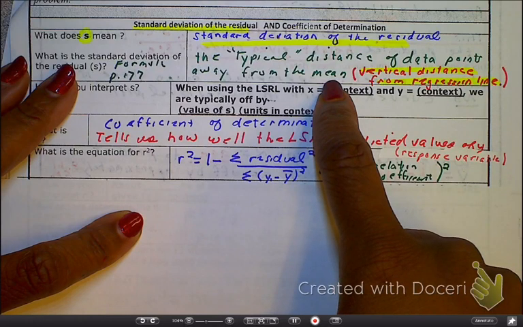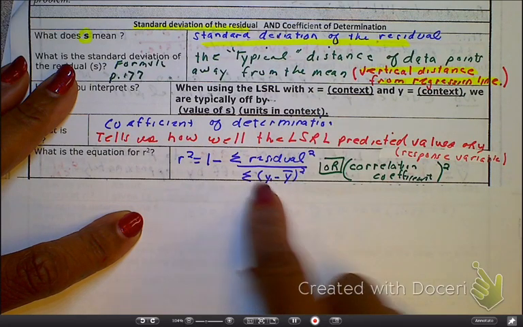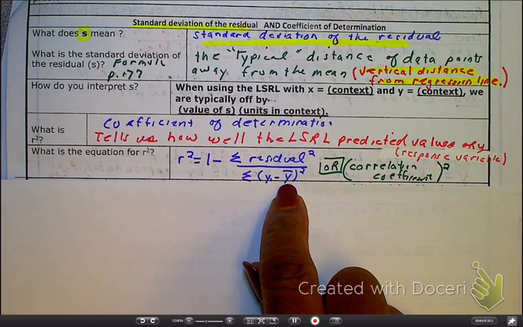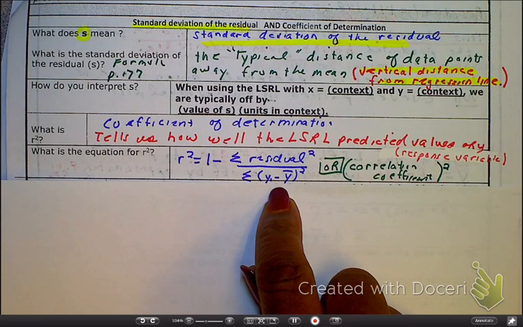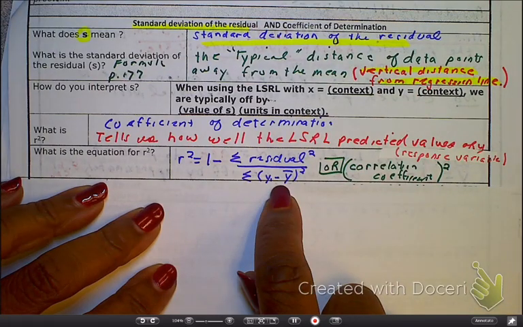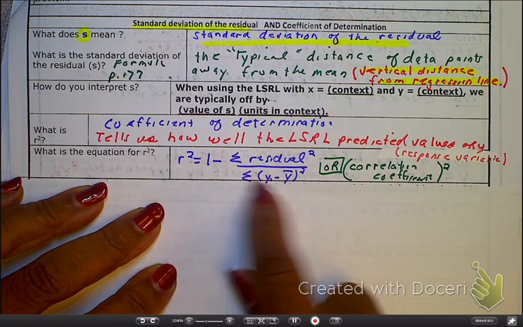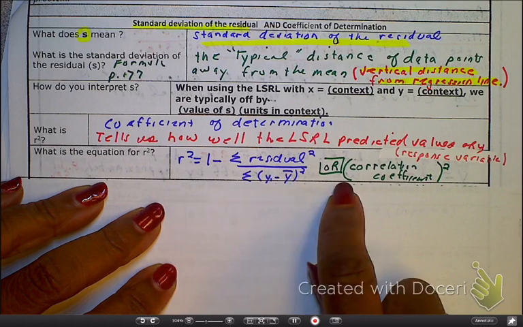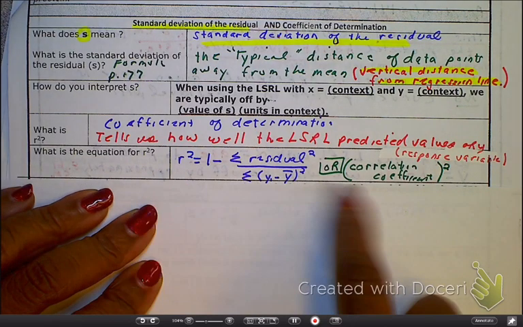And then we square it and take the sum of it. And we can see the idea of the vertical distance, because those are always the values of y. But bottom line is, when I think of R squared, I just think of it as the correlation squared. That's it.